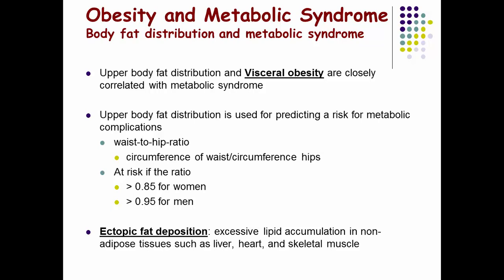We usually use the waist to hip ratio to predict the risk of metabolic syndrome. For example, if the waist to hip ratio is greater than 0.85 for women, or greater than 0.95 for men, this is considered high risk. If you have this higher ratio, then you are at high risk for the development of metabolic syndrome.